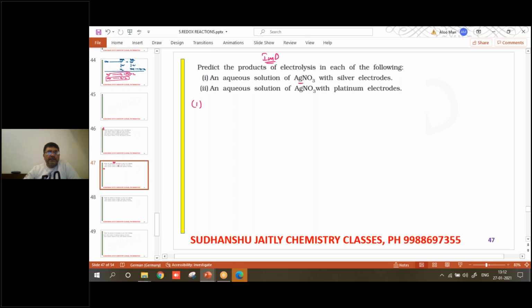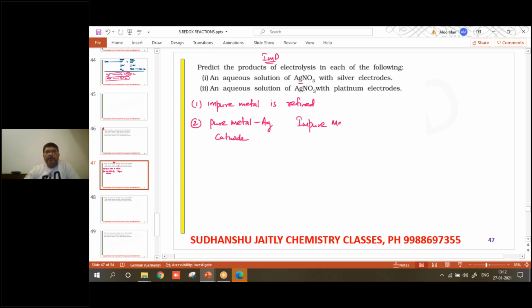This method is used for refining of impure metal. What we take is, we take pure metal, इसको silver, कैथोड बना देते हैं.